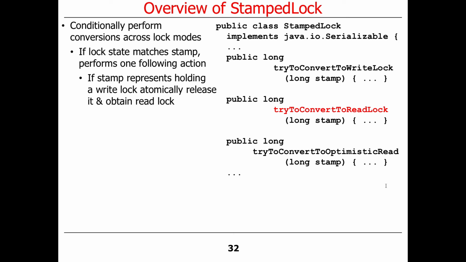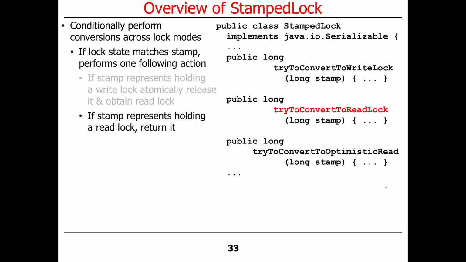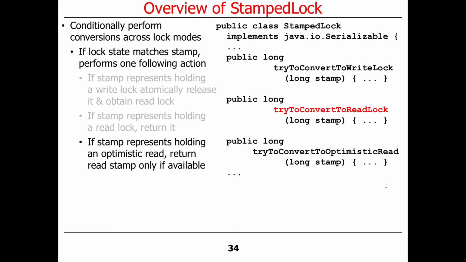You might do that if you needed a write lock at the beginning to make a change, and then after that point you're done, so other people could go ahead and access it for reading if they needed to. If it's already a read lock, you're done. If it's an optimistic read, try to upgrade it to a regular, pessimistic read.